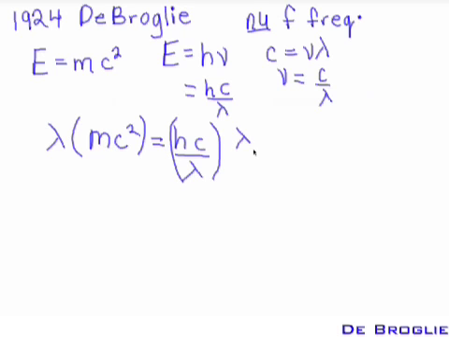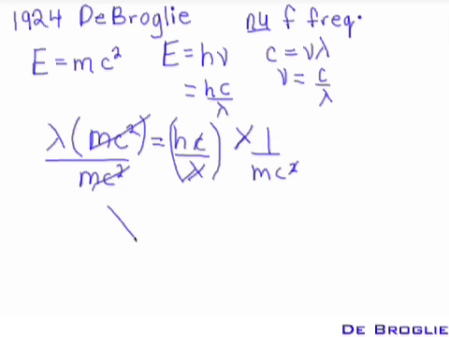And you notice lambda divided by lambda equals 1, so that cancels. Then I can divide both sides of the equation by mc squared. If I do this, multiply by 1 over mc squared, the mc squared cancels the mc squared, and c cancels with the c squared. And I'm left with lambda equals Planck's constant over mass times speed of light.